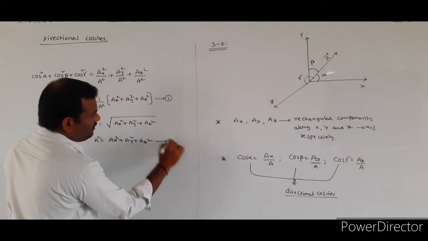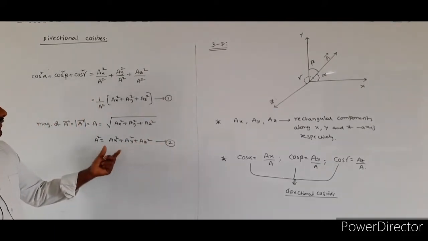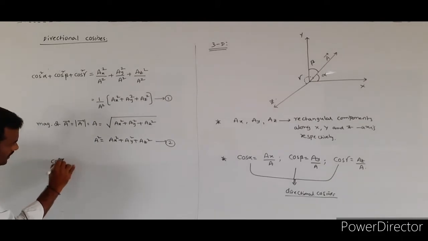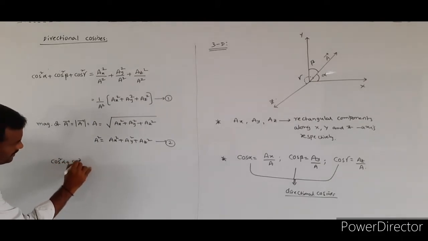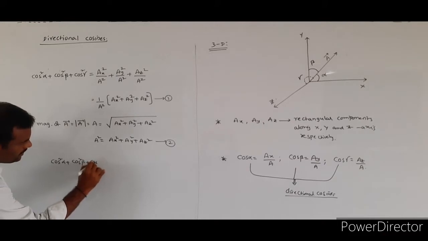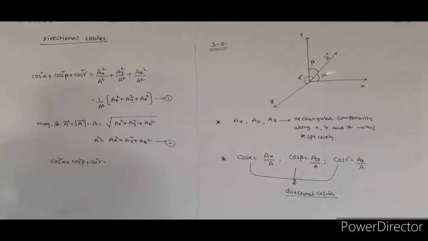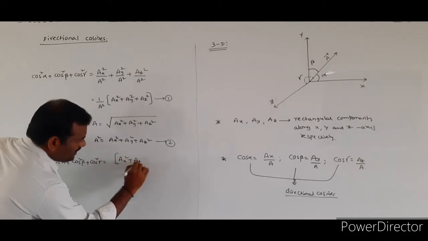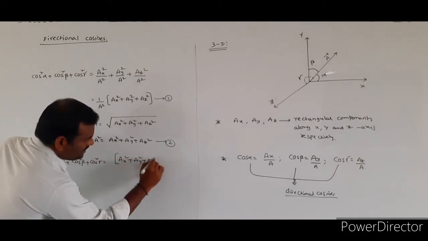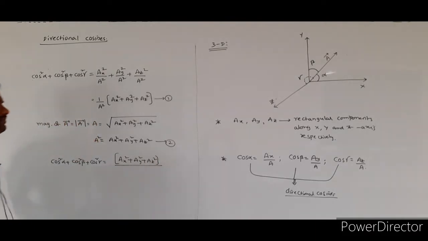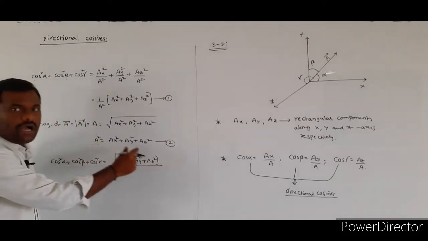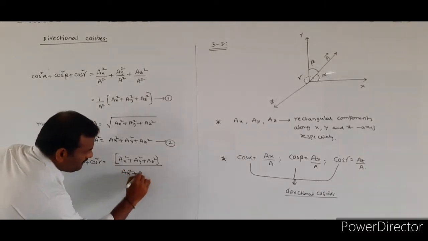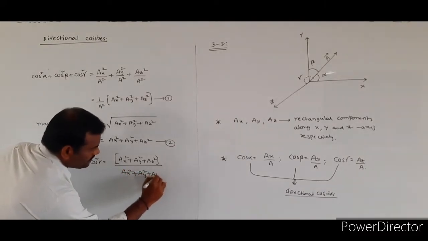This is equation number 2. Substitute the equation 2 value in equation 1. Then what will you get? Cos square alpha plus cos square beta plus cos square gamma is equal to ax square plus ay square plus az square in the numerator, by, in the place of a square, again ax square plus ay square plus az square.